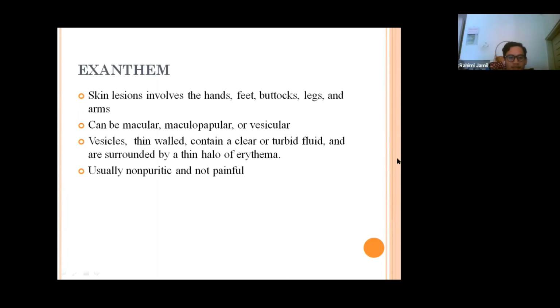The vesicles, which come from the macules or maculopapules, have a thin wall which contains a clear or turbid fluid and are also surrounded by a thin halo of erythema. The lesion is usually non-pruritic and not painful.